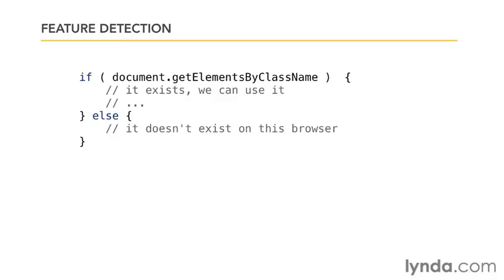I'm not using the opening and closing parentheses and passing any parameters. I'm just using the name of it inside our if condition. And you can do this with any of the future-facing objects. First, check if it exists, and if it does, use it. If it doesn't, ignore it or fall back to some backwards compatible way. For example, if HTML5 video doesn't exist, we can generate some elements to include a Flash player.